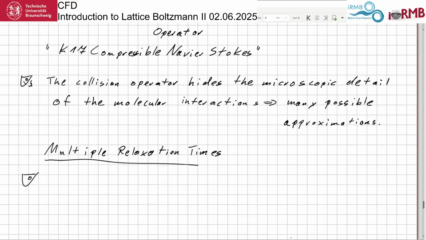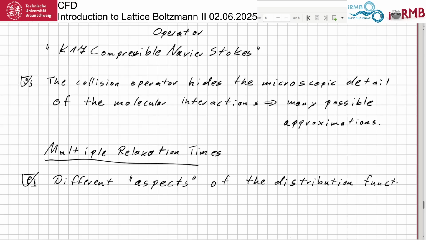So, saying that different, now I just call these aspects without defining what this means, different aspects of the distribution function approach equilibrium at different rates, saying with different time scales.